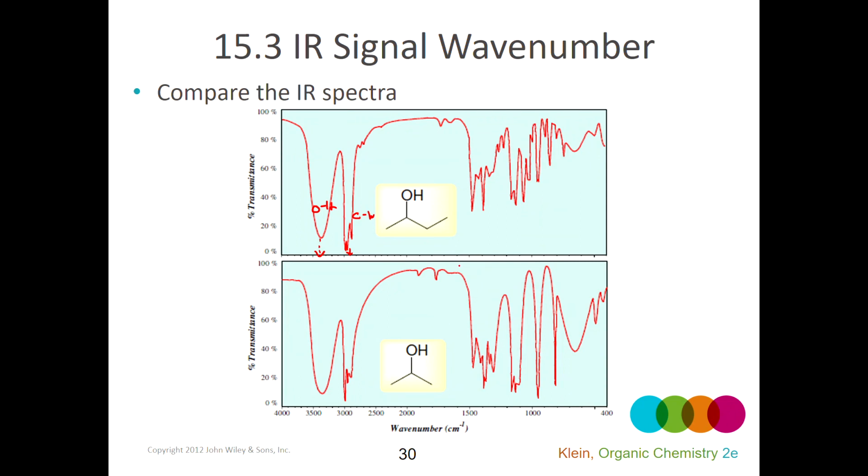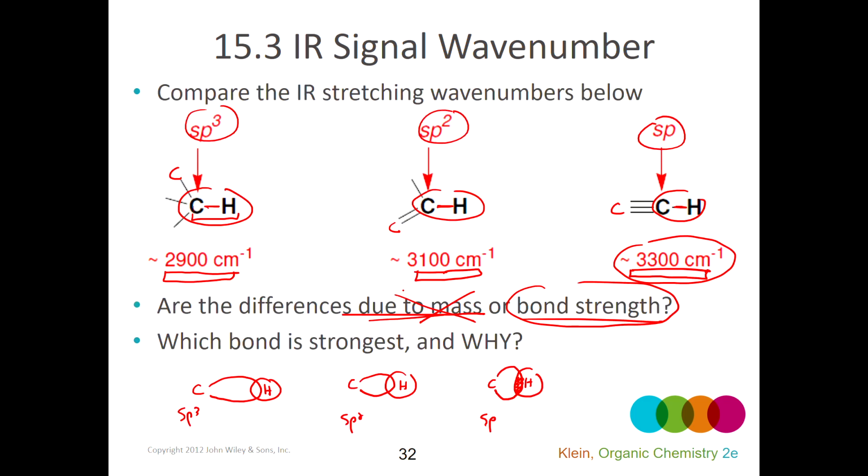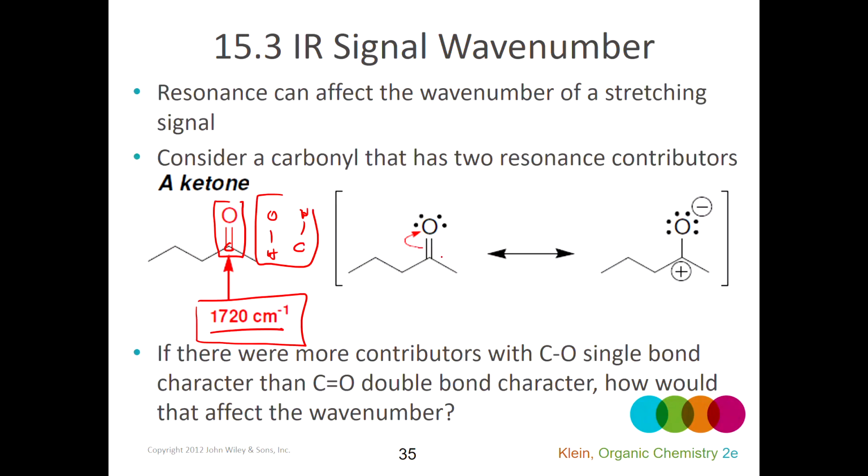There was nothing here around 1,700 really to speak of, and that confirms there's no CO double bond in our spectra. Those signals are usually quite strong. The CO double bond signal is usually quite strong, which we'll see why that is in a minute.